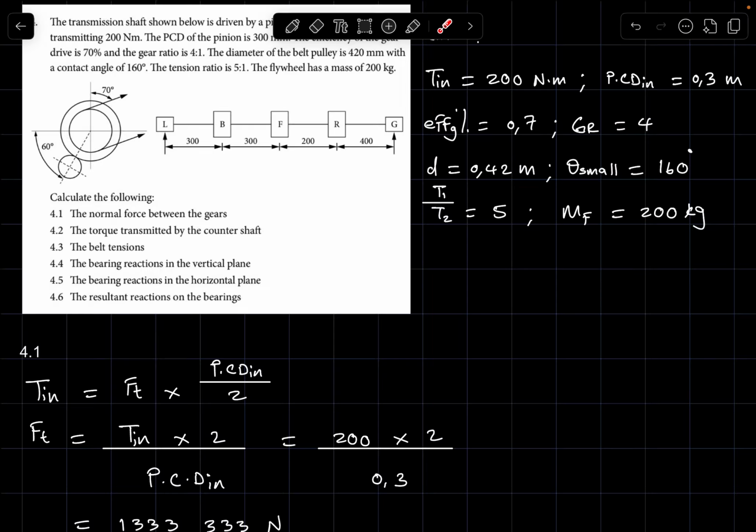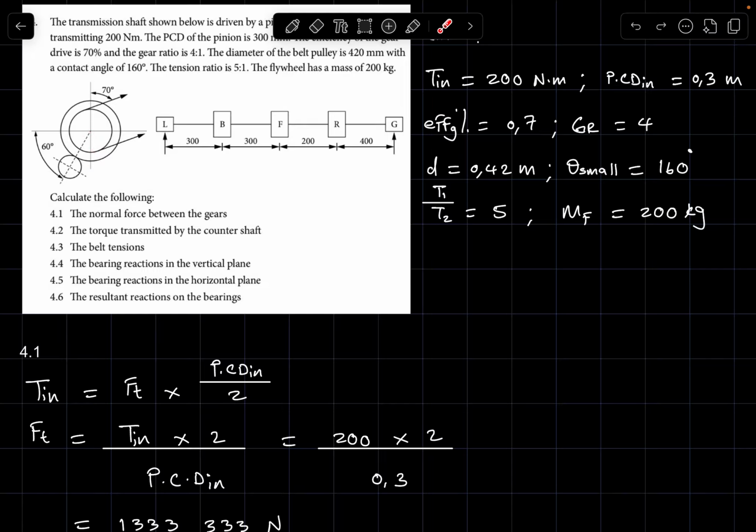The one that can be tricky is the normal force for the gear system. So let's first determine the normal force and see where it is acting relative to this Cartesian plane.